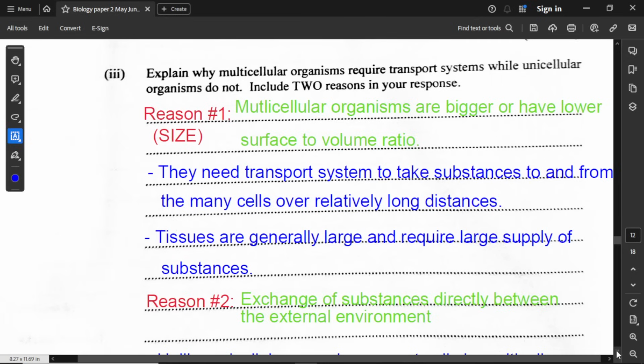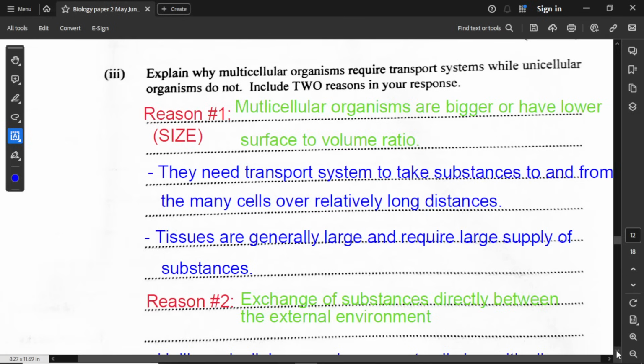And so because of this, they need a transport system to take substances to and from the many cells over relatively long distances. All right. Also, they need a transport system because tissues are generally large and require a large supply of substances. So therefore, you have to transport these requirements of substances towards these tissues or cells.